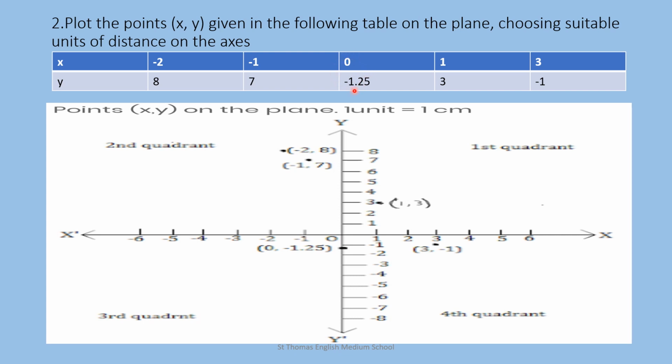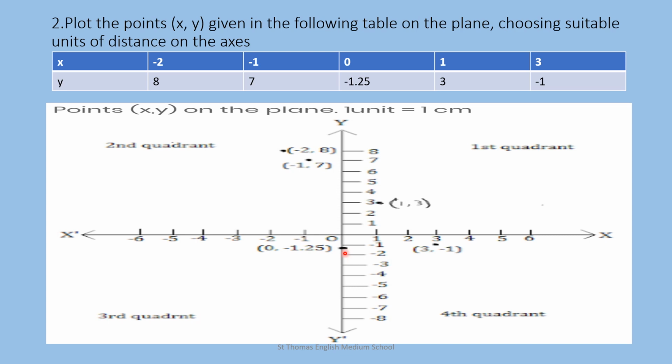So first we will plot that point. Its x coordinate is 0 and y coordinate is -1.25. Since x coordinate is 0, it will be on the y-axis and on the negative side. Now 1.25 is in between 1 and 2.